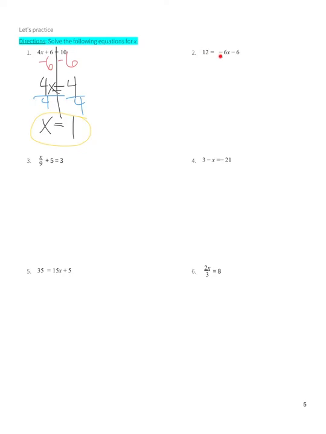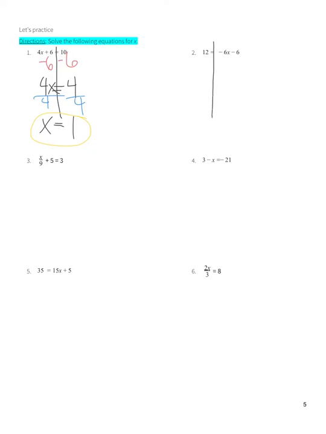12 is equal to negative 6x minus 6. First thing we do is we find the variable, right here, x. So our goal is to get x alone on this side of the equation. My second step is to draw a line down the equal sign.